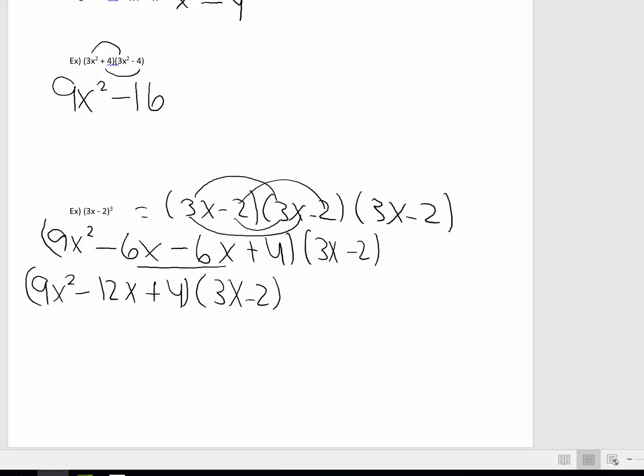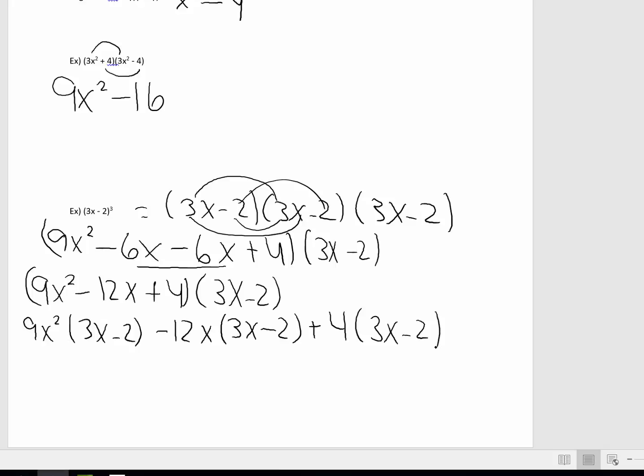Now, this is not a foilable problem because I have a trinomial times a binomial. But remember in the last video, we actually used a distributive property, so I could use that here also. So that's 9x squared and multiply it by 3x minus 2. I'll take the negative 12x and multiply by 3x minus 2. And I'll take the 4 and multiply by 3x minus 2.